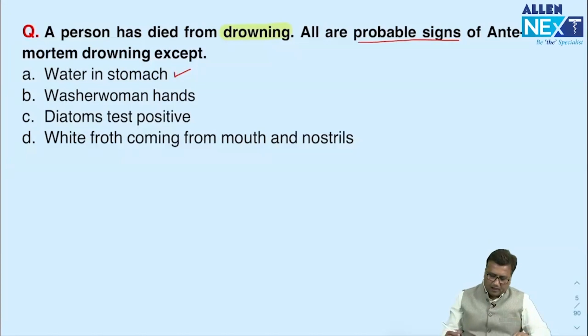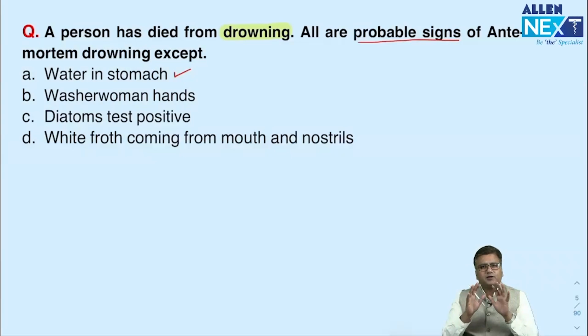Second is washerwoman hands. Does washerwoman hand generate in cases of antemortem drowning? The answer is yes. Does washerwoman hands generate in post-mortem drowning, or I should say in cases where the person is already dead and then the dead body has been thrown into water? The answer remains yes.